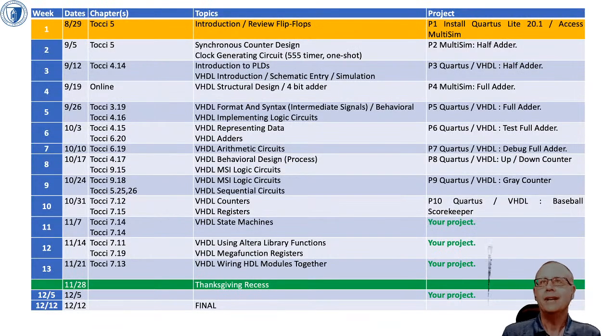So we've done the initial introduction and a quick review of flip-flops. Just a reminder that Lab 1 is due this evening. If you haven't had a chance to go through Lab 1, please try and do it. I will have some time later in this morning's session to answer any questions about either Lab 1 or Lab 2.